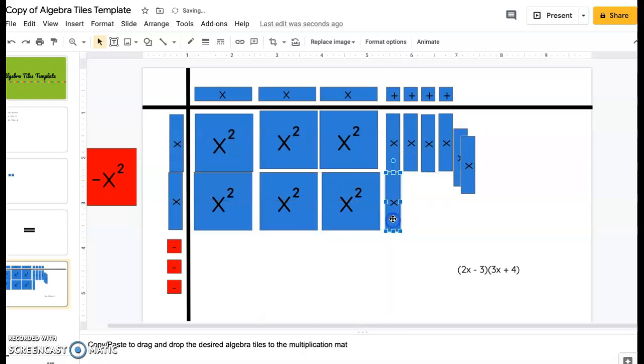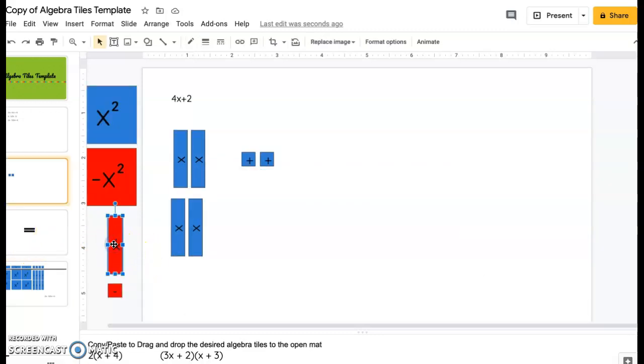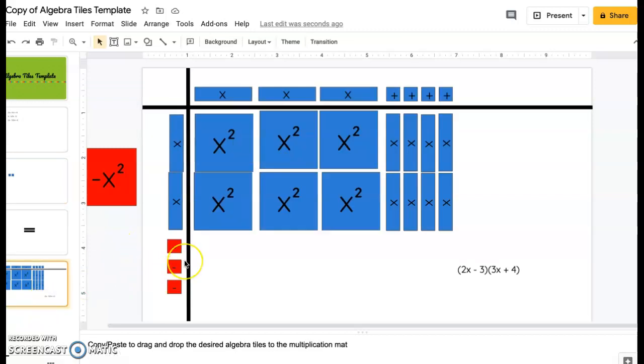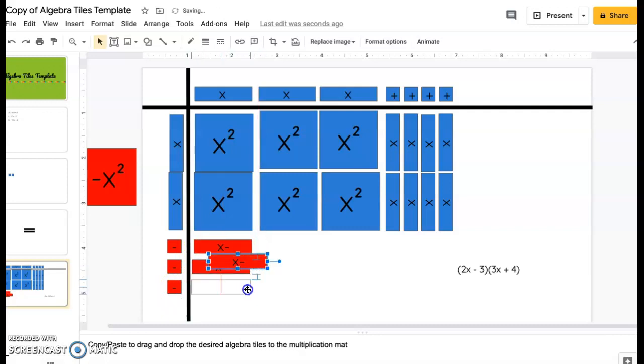And then scooch some new ones over here. There we go. And it's going to be x times a negative now. So now we need to go and get one of these negative x's that apparently I deleted. Whoopsie. Because it's next to a red, it has to be red. There we go. And we'll situate that one just right.